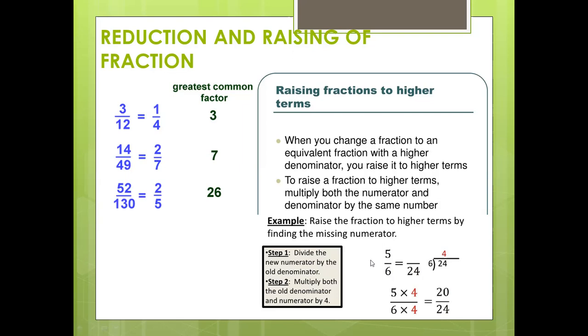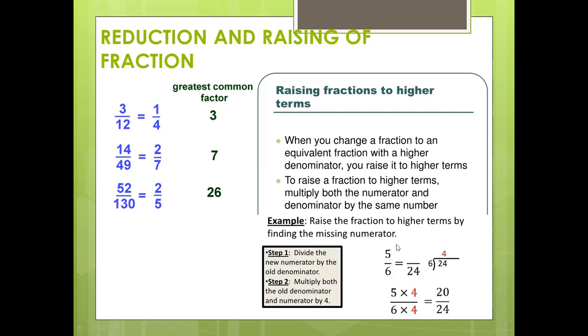So 24 divided by 6 is 4. So now we have our multiplier. Now, we'll just have to multiply both the old numerator and denominator by 4.